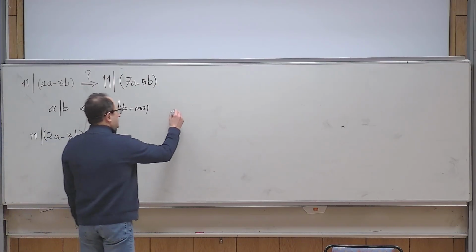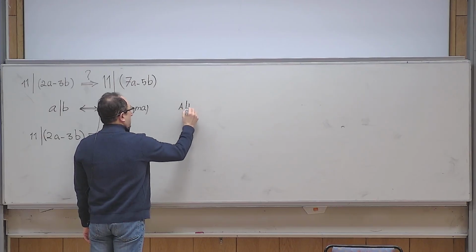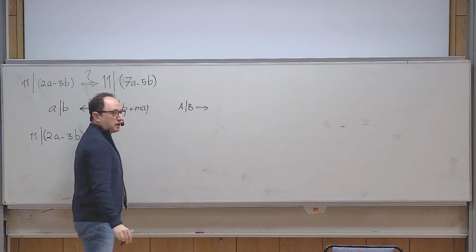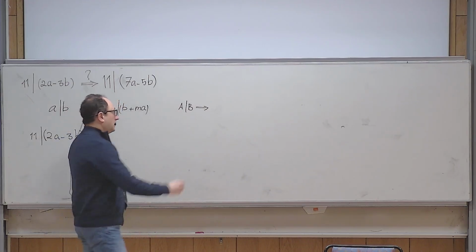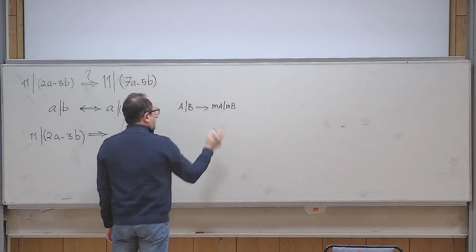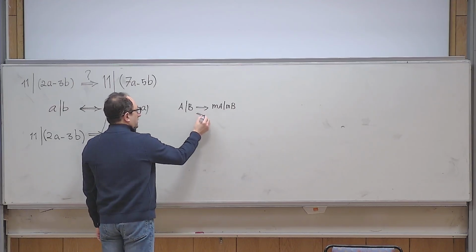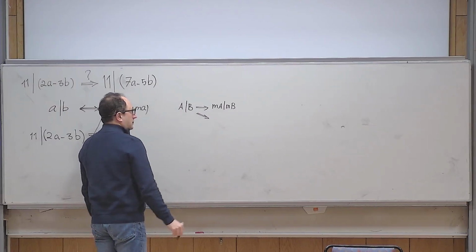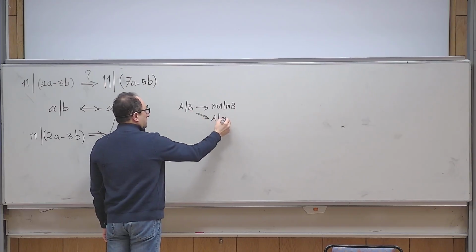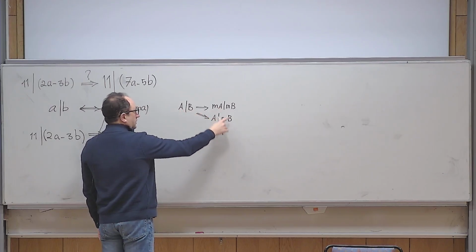Because we learned also that if I have a divisibility relation, let us say that a divides b, then if I want to, I can multiply both sides by an integer m, and I can conclude ma divides mb, but I can also multiply only one side, provided that one side is only the right-hand side. So I can keep a the same, and I can multiply the right-hand side by n.